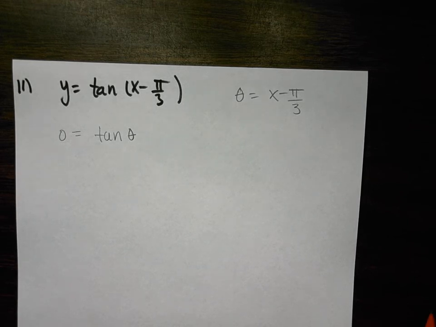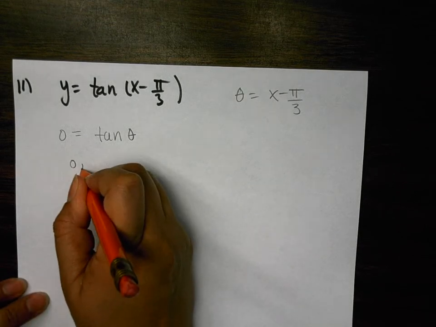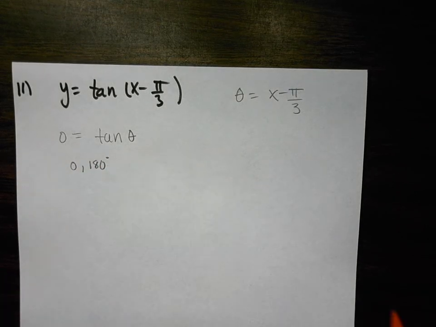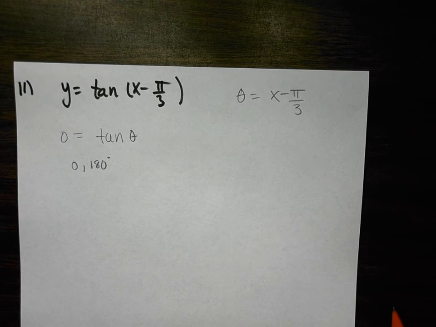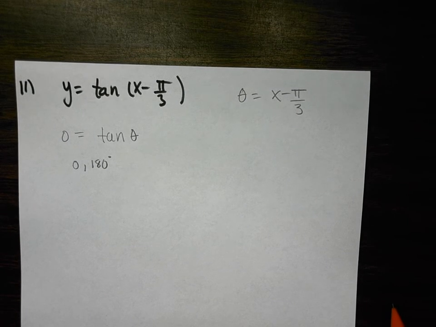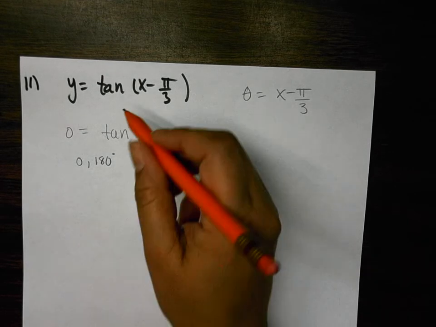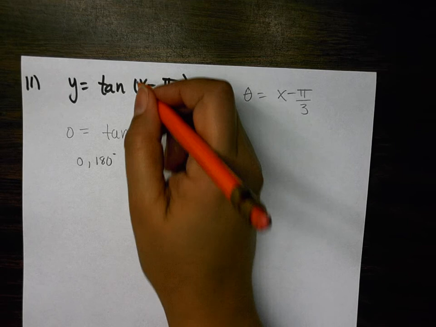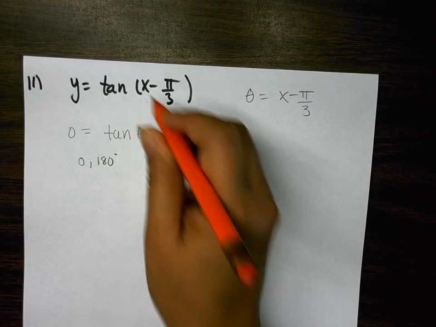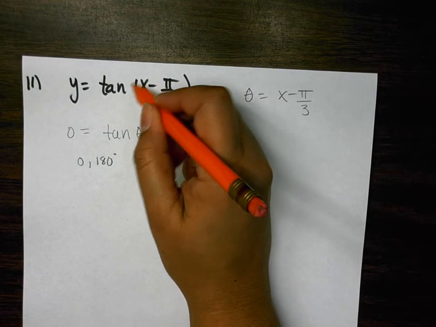Looking at your unit circle or in your head, when is tangent 0? y over x. When is it 0 over 1? 0 and 180? Well, it depends on what your period is. What's the period for a tangent graph? Pi over b.